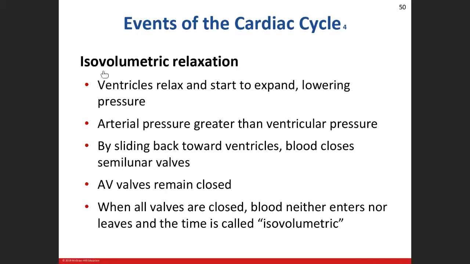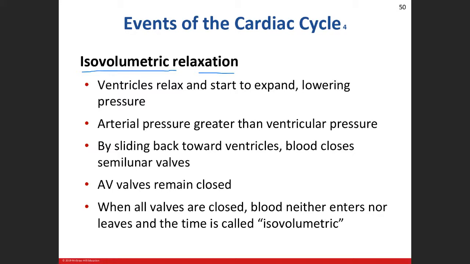At the same time, the pressure in the ventricle is still greater than the pressure in the atria. So that will keep the AV valves closed. So no blood's getting in and no blood's getting out. Hence we call that the isovolumetric relaxation, because the ventricles are relaxing.